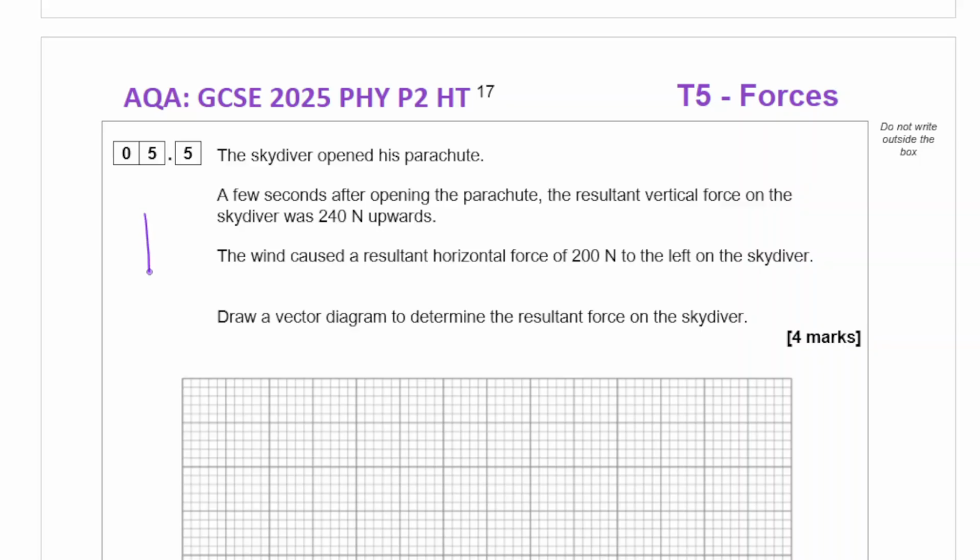So if I start like this, upwards 240. Now this would be to my right, so this should be to my left. That's 200 Newton. Draw a vector diagram to determine the resultant force on the skydiver.